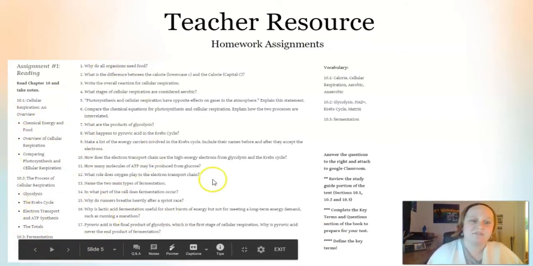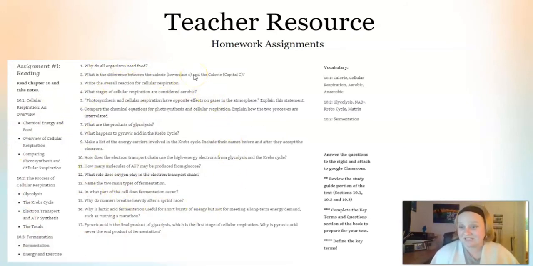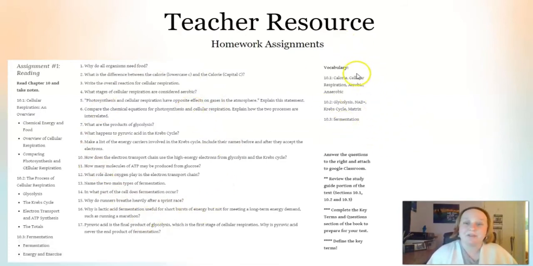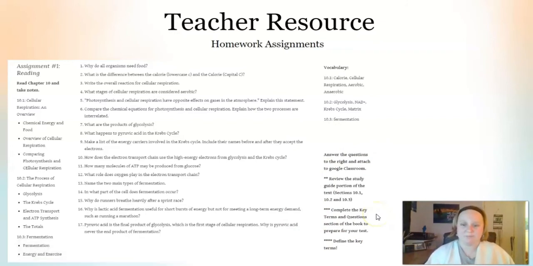In addition, I have provided specific questions that they need to answer by the end of the chapter that they've read, important vocabulary that they should know, and important reminders and explanations to what they need to do. I found that this assignment is the student's first mode of gaining information about a specific chapter.